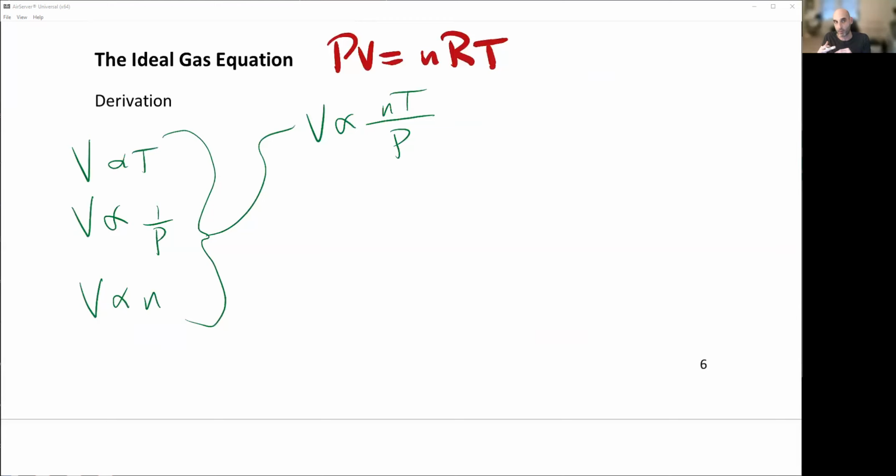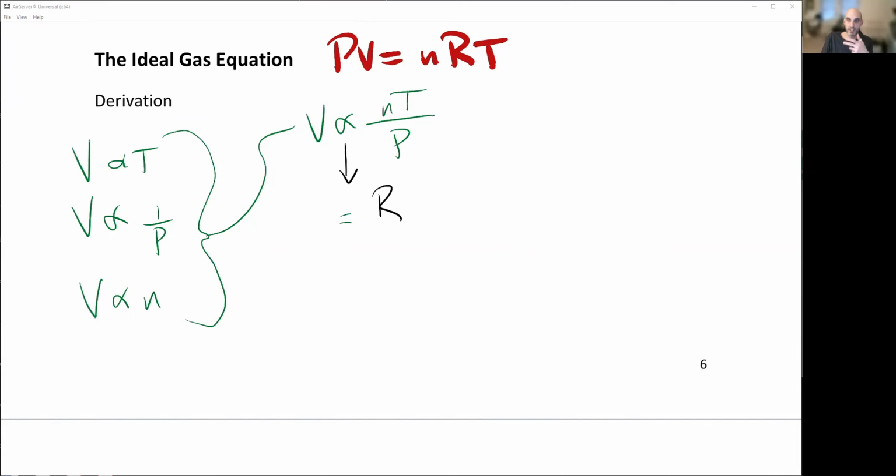How do we get rid of a proportionality? Again, proportional doesn't tell you the exact number, it's not equal, right? Volume goes up a little bit, temperature has to go up as well, but it doesn't give you the exact number. So in order to transition from a proportionality to an equal sign, we basically are going to include a constant.